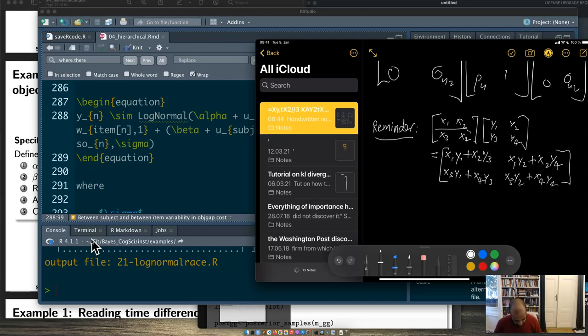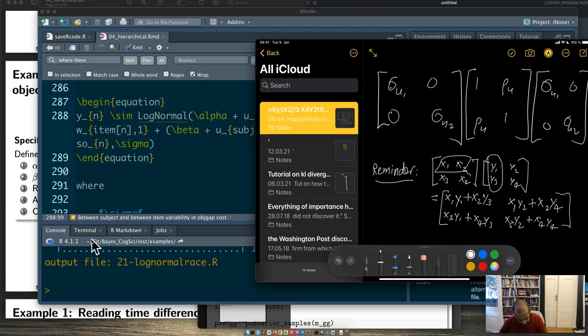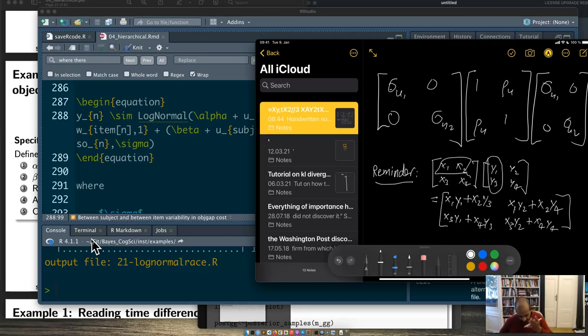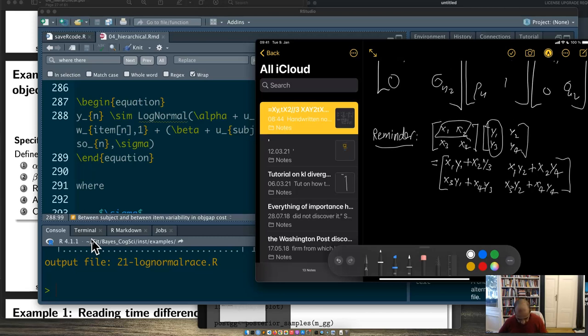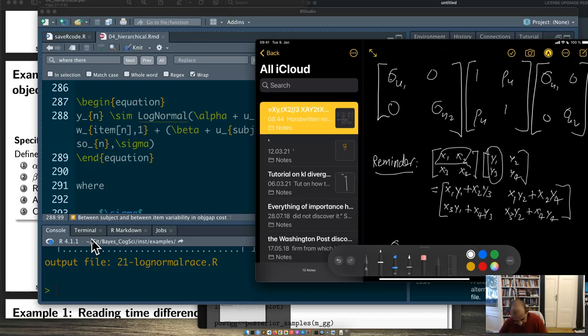You take a row and do a pairwise summation of the products with a column, and you do that with all the rows and columns. So now if I multiply the first row, sigma u1 and 0, with the first column of the correlation matrix, I end up with sigma u1, because 0 multiplied with rho u is 0.